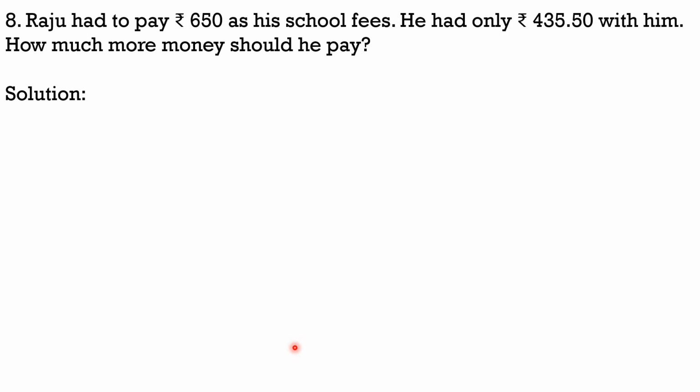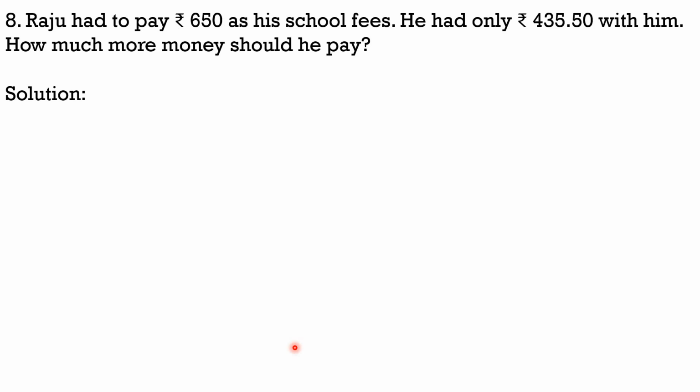Now the 8th one. Raju had to pay rupees 650 as his school fees. He had only 435.50 with him. How much more money should he pay? Here they have given us that Raju had to pay 650 rupees in school fees, but he had only 435.50 with him.